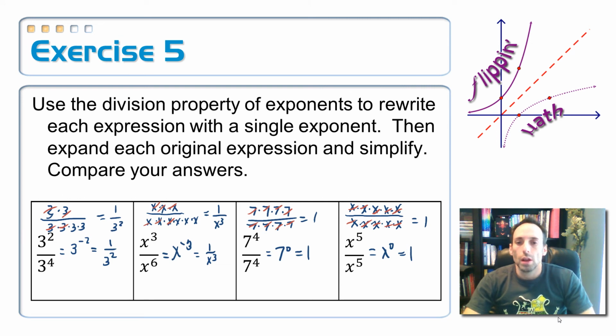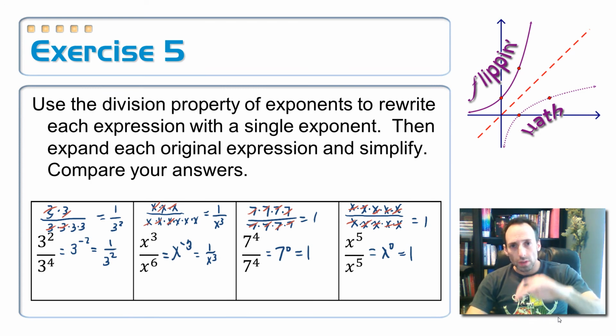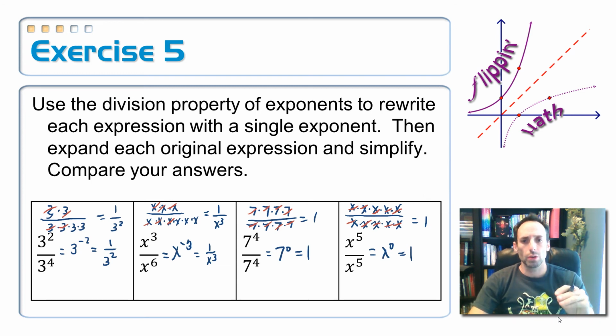Okay, on the third one there, 7 to the 4th divided by 7 to the 4th, well, 4 minus 4 makes it 0, 7 to the 0 power. And you've probably always been told, or maybe at some point been told, that anything raised to the 0 power is equal to 1, and here's the reason why.